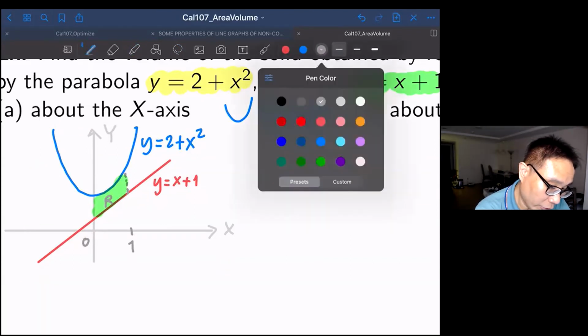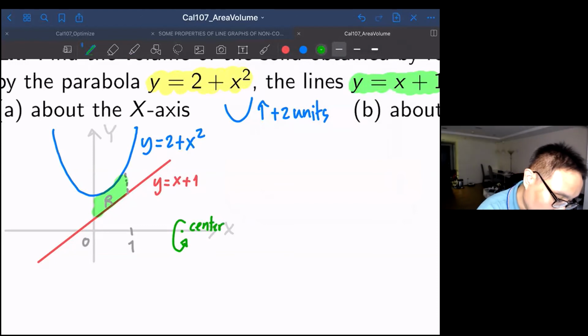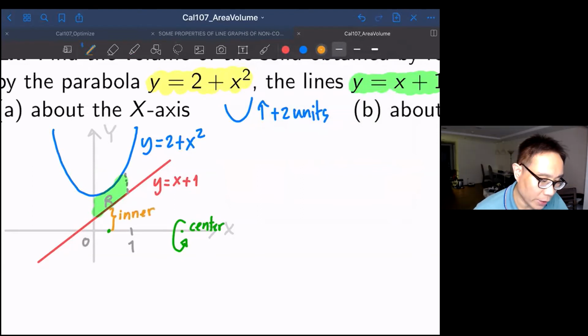The first question asks you to rotate about the x-axis. So you have your center here, and you draw the inside, the inner. This will be your inner radius.